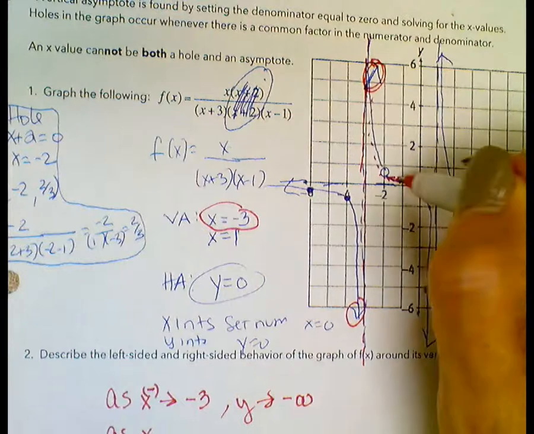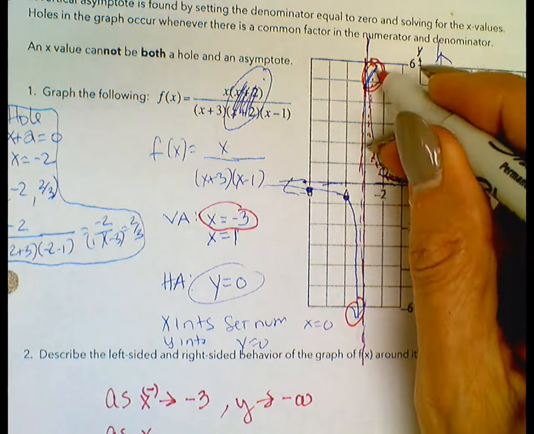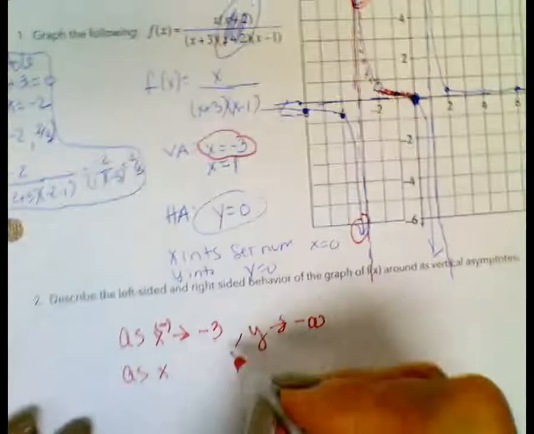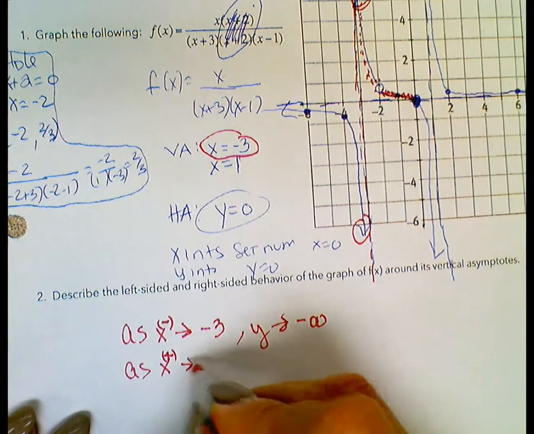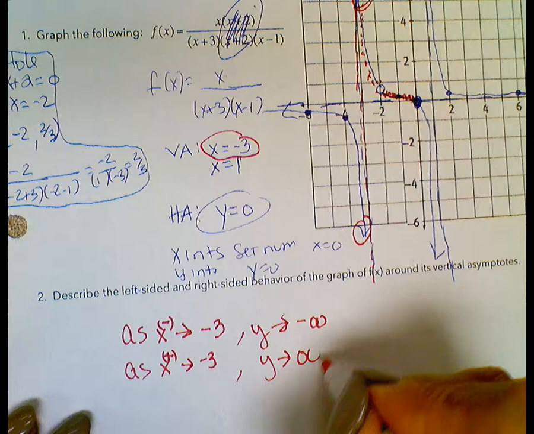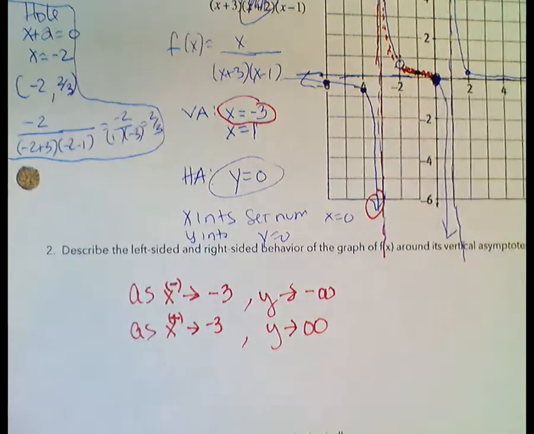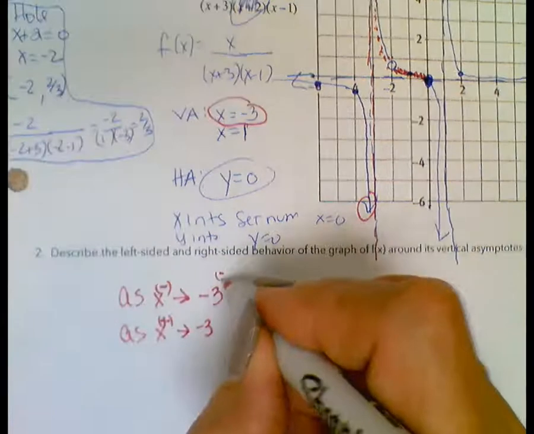As the curve approaches the vertical asymptote -3, what is the curve end doing? It's going up. So you would say as x approaches -3 from the right, the y approaches positive infinity. Some people put the negatives here and positives here, or some people put it like this.